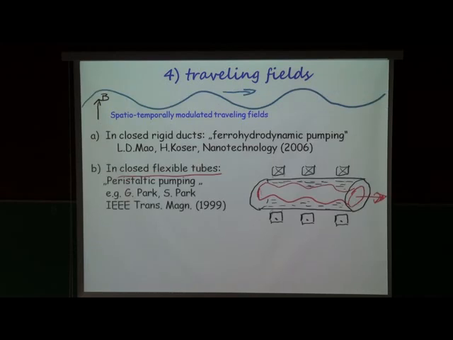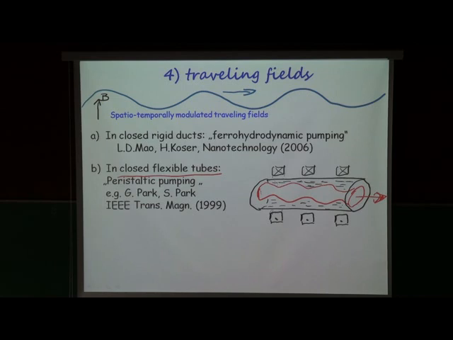Then there is another thing. There are closed flexible tubes. You see this red pipe, which you may have in your garden, an elastic rubber tube. And then by some Korean scientists there was an experiment where you have different coils and you are activating these coils, and then these coils are attracting ferrofluid, and in this area the flexible tube is squeezed.